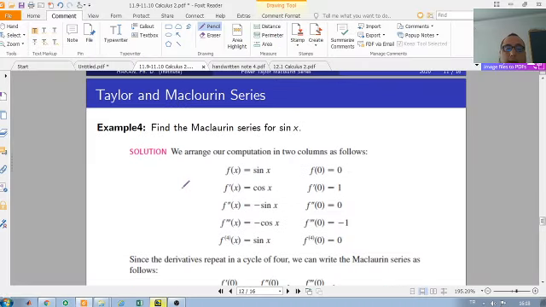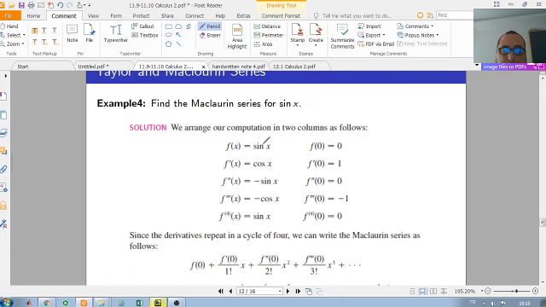For this, let's write first f of x is equal to sine x. The first derivative is cosine x, the second derivative is minus sine x. The third derivative is minus cosine x. The next one is sine x, and so on.